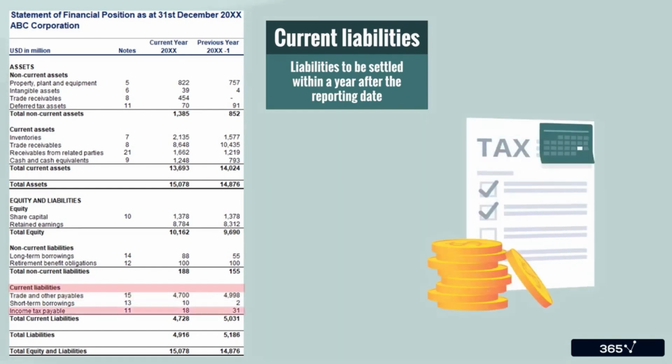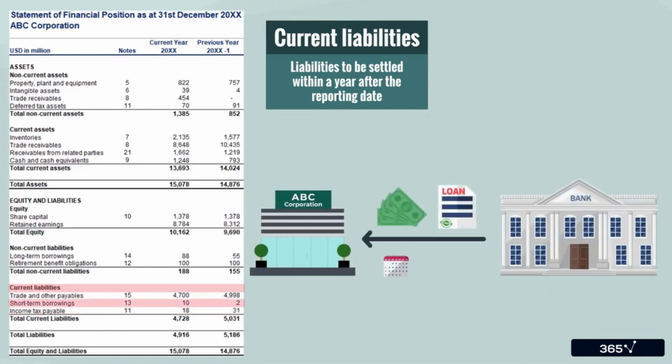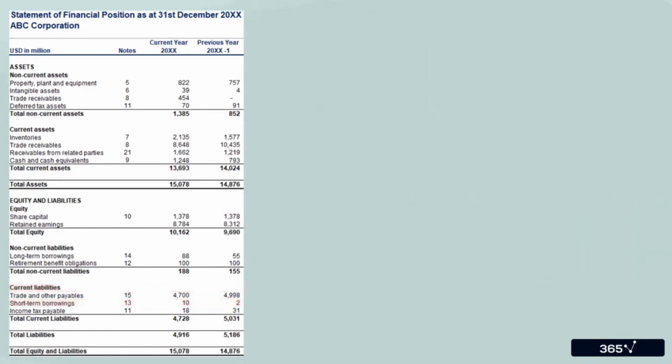Current income tax payable is normally due 3 months after the balance sheet date, and you will find it in this section too. So are the borrowings due within the next 12 months. Looking at the respective loan contracts and payment schedules, you will be able to estimate these items. Okay. Further down the line, there are non-current liabilities.